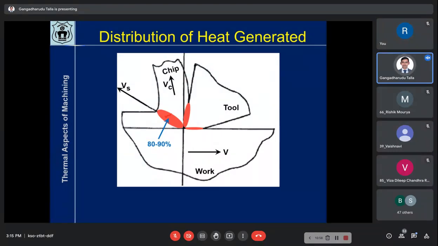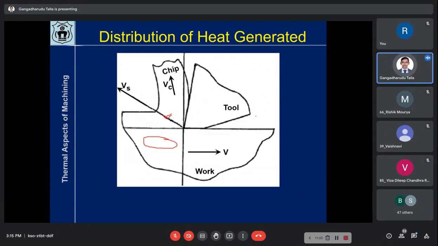Out of that converted heat, 80 to 90% is in this region only, about 10 to 20% is generated in the secondary deformation zone, and about 2 to 3% in the tertiary deformation zone.